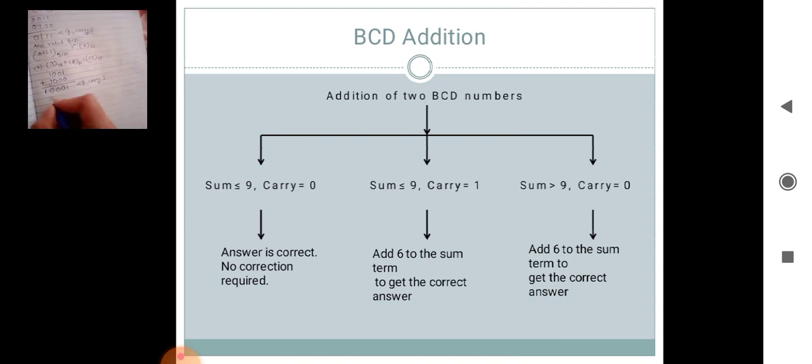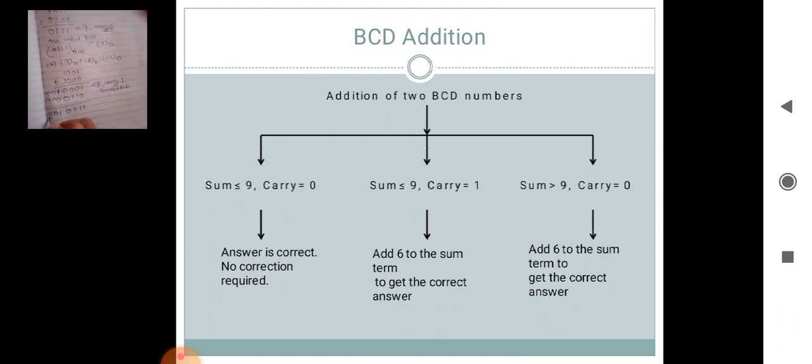You need correction because it is invalid BCD. So add 6 to it. Here put 3 zeros to represent this number in 4-bit binary also. Here no need to add 6. Only add here: 1 plus 0 is 1, 0 plus 1 is 1, 0 plus 1 is 1, 0 plus 0 is 0. Here write zeros, 1 plus 0 is 1 and the remaining zeros as it is, right?